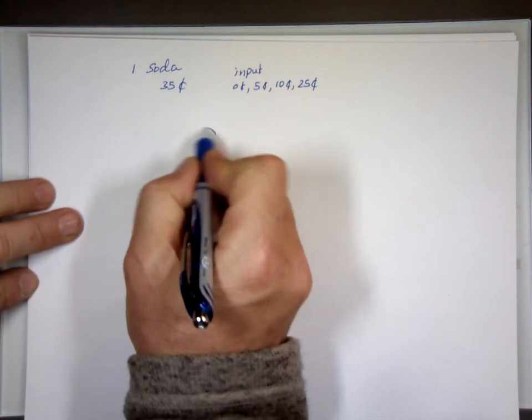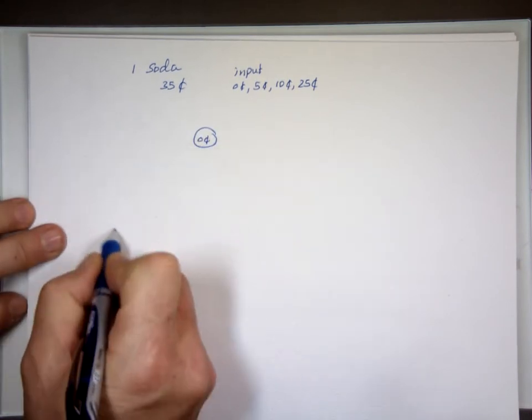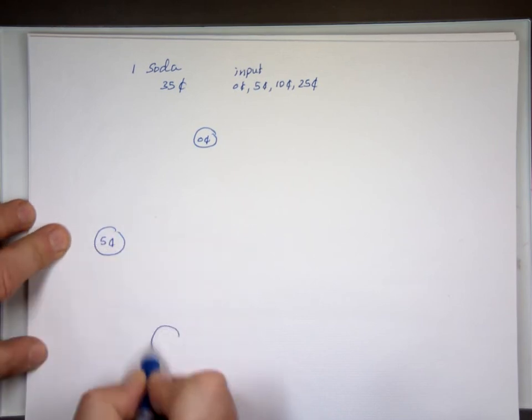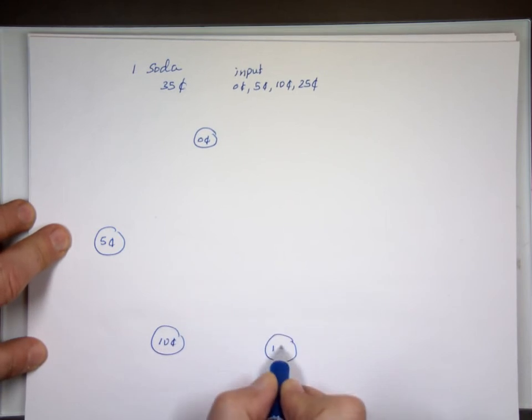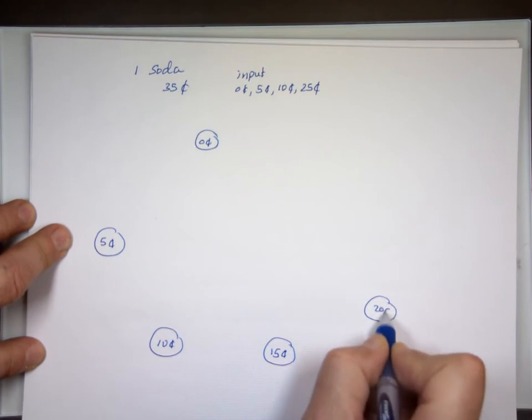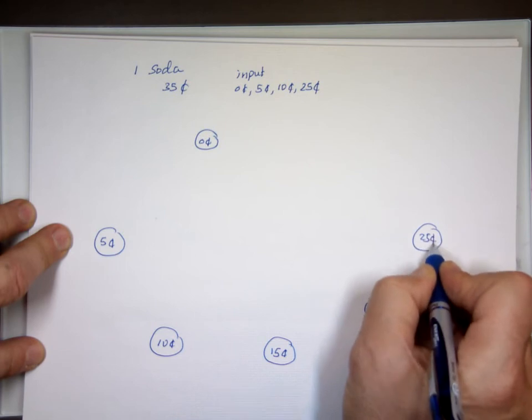This is the 5 cent state. This is the 10 cent state. This is the 15 cent state. This is the 20 cent state. This is the 25 cent state. This is the 30 cent state. No, 35.